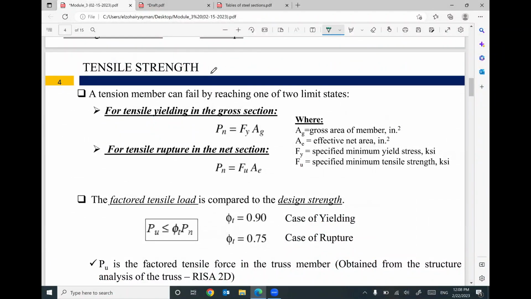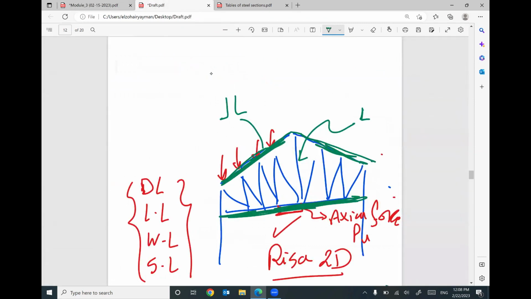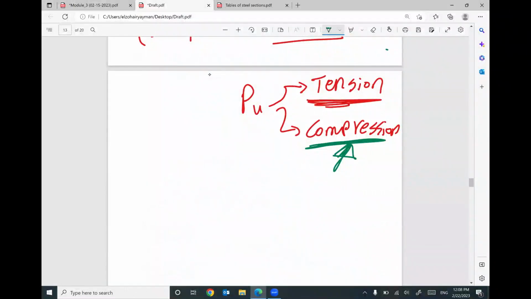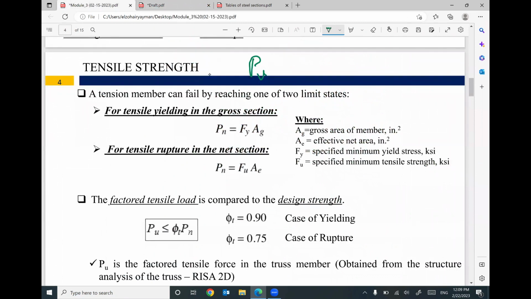We will design our member so your applied force P ultimate, which is coming from RISA, must be smaller than or equal to phi Pn. We have two values for phi Pn. Your value of phi Pn to satisfy the yielding criterion equals 0.9 times F yield times area gross.